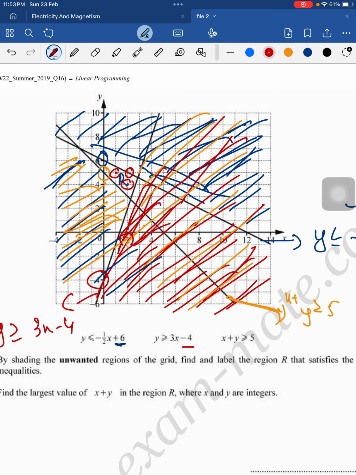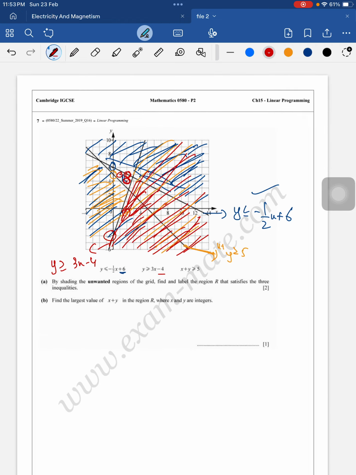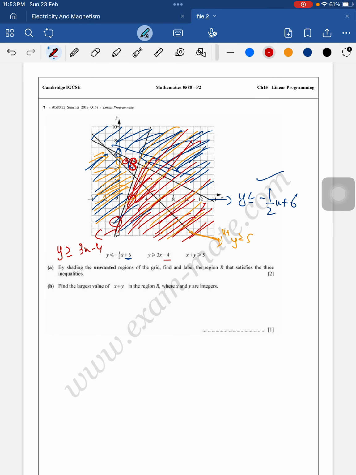And if I hit this point, this is basically 1 and 5. So 1 comma 5 gives 6, 2 comma 4 gives 6, 2 comma 5 gives 7. So the point which is making it largest is 2 comma 5, which makes it equal to 7.